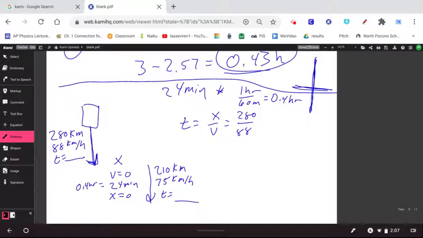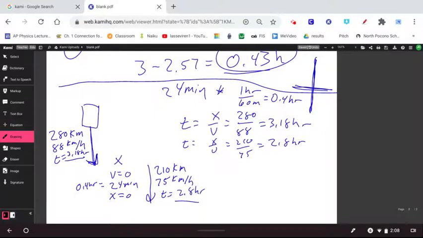So that's 3.18 hours. And then the other time is, again, x divided by v, it's equal to 210 divided by 75. So 2.8 hours.